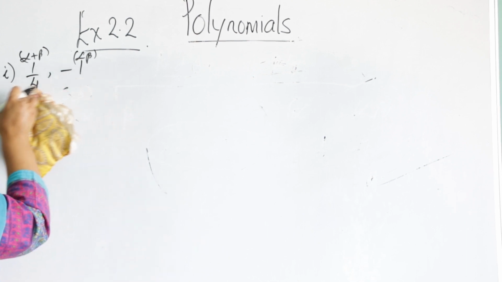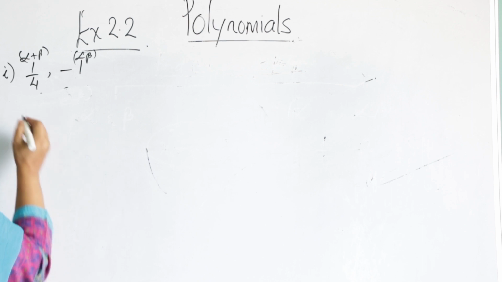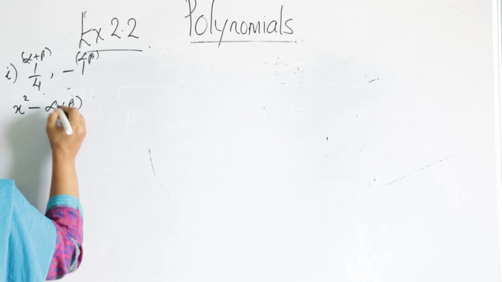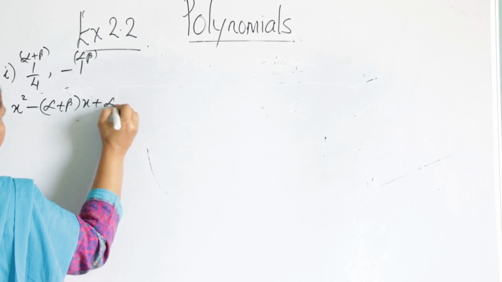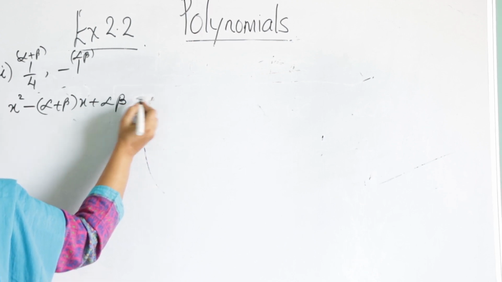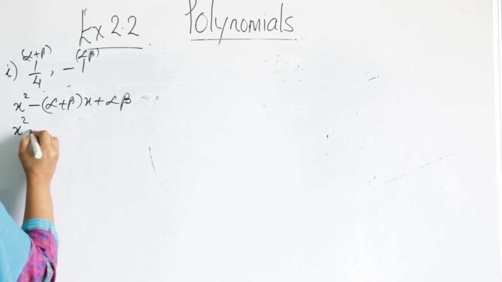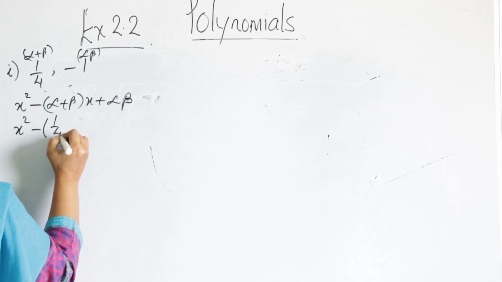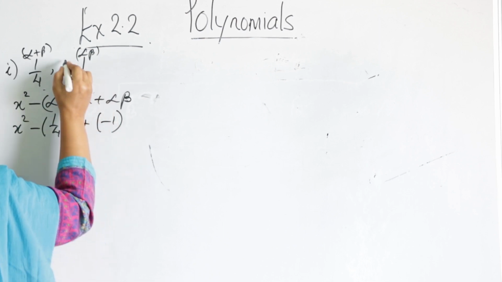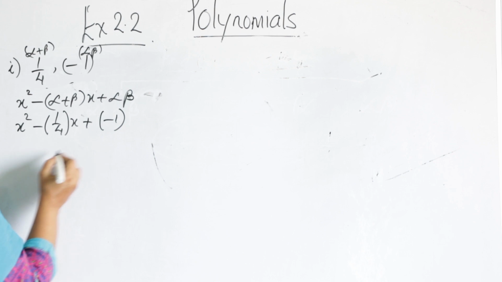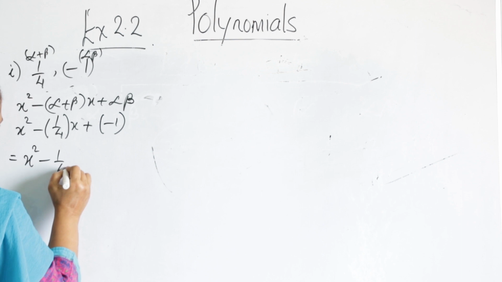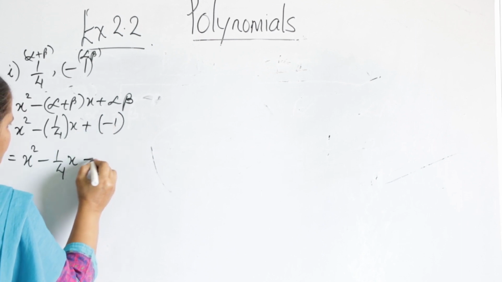So now let us write this in our expression. What is the expression? X square minus alpha plus beta x plus alpha beta. So we don't have to write this. X square minus, what is alpha plus beta? 1 by 4 x. What is alpha times beta? Minus 1. Remember to take this negative integer. Equals x square minus 1 by 4 x plus into minus 1.